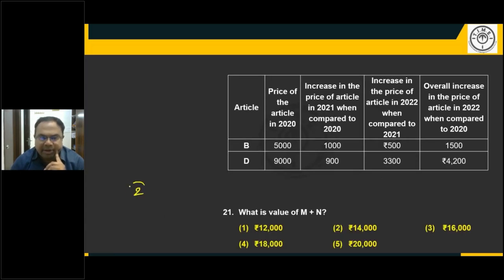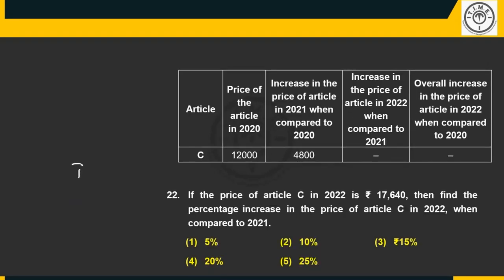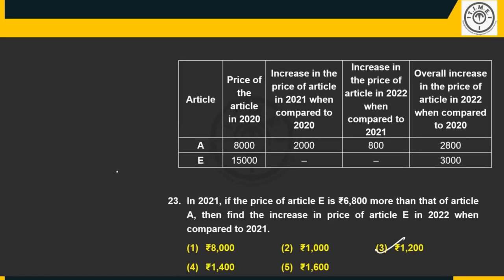21 is option 2. I'm writing here. Take a screenshot. Here, I'm not putting the entire table. What I have done is whatever is the question related to that, I'm putting only that. 22, option 1. 23, option 3.